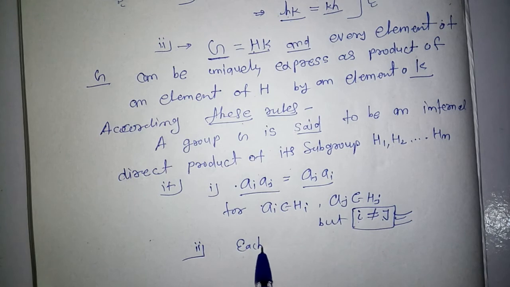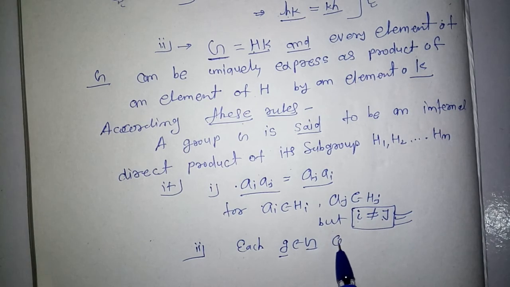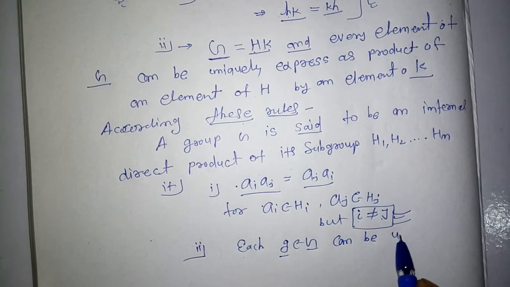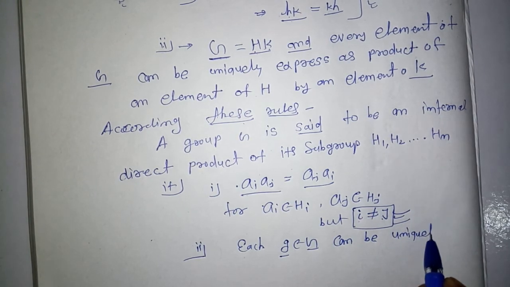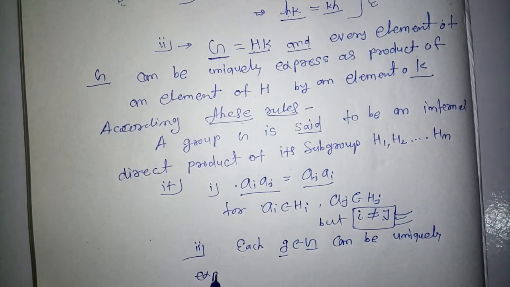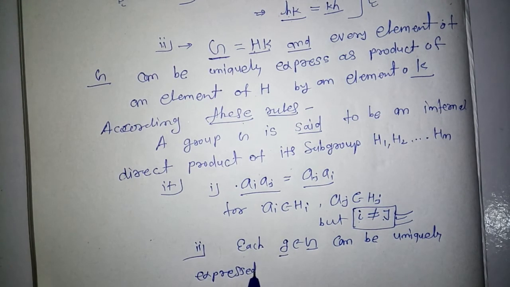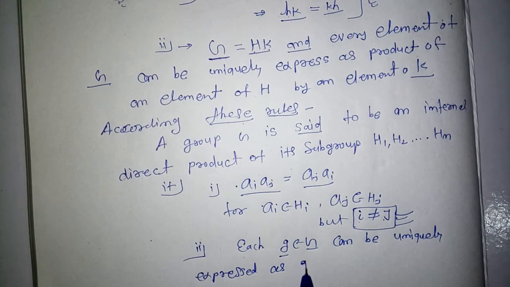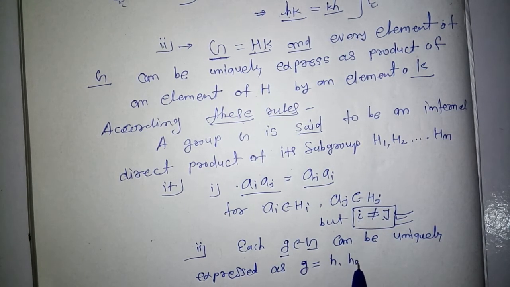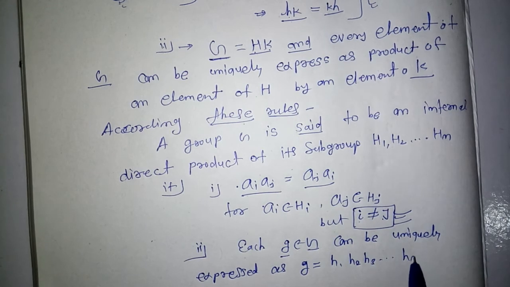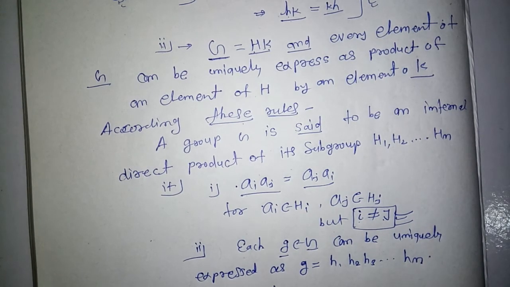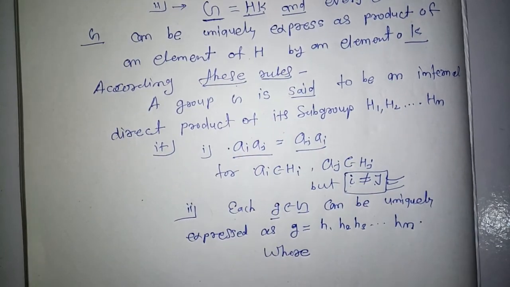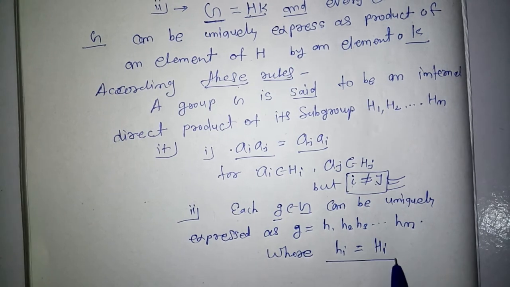And the second one is each g belongs to G. g is an element of G, students. Okay, any element g of group G can be uniquely expressed as g equals h1 h2 h3 ... hn, where hi is an element of Hi, students.